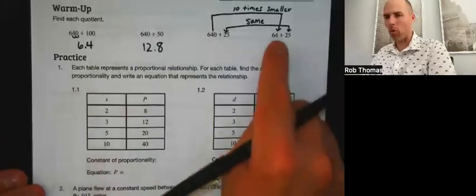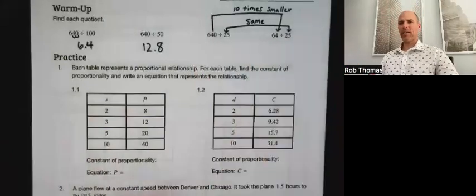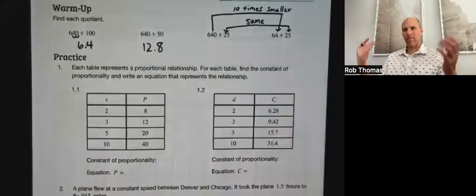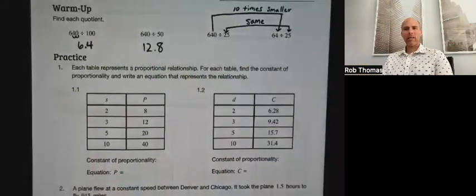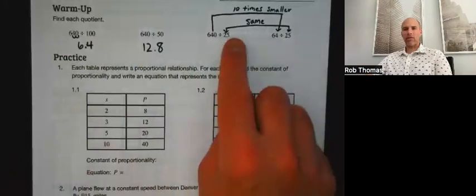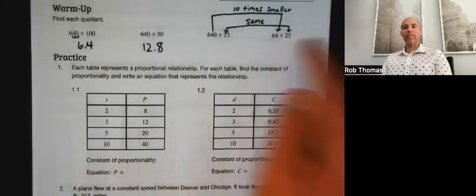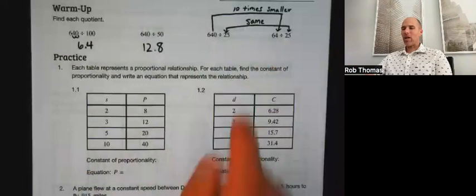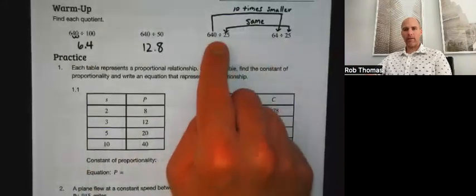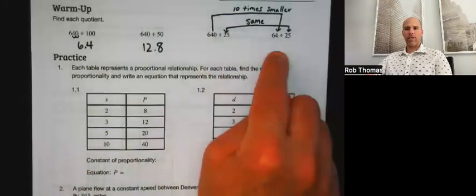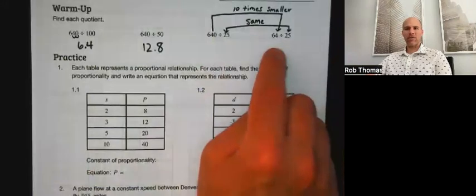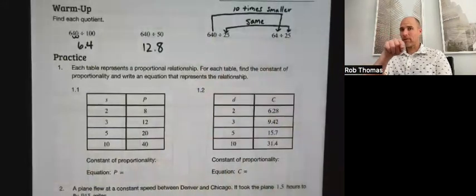You've got 64 instead of 640, like 10 times less candy or 10 times less money to share between people. But it's the same number of people getting it. It's still 25 people, so everybody's just going to get 10 times less. Whatever your answer was for here, your answer to this one should come out 10 times less, or 1/10. Move the decimal. That's all you've got to do.